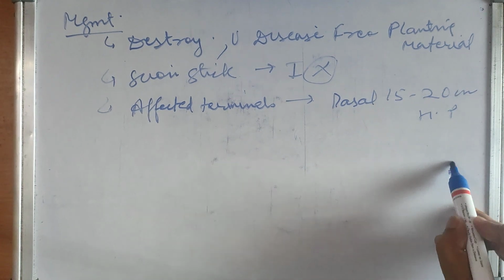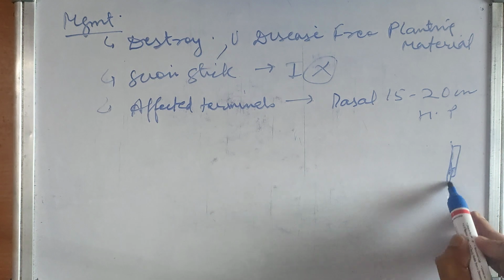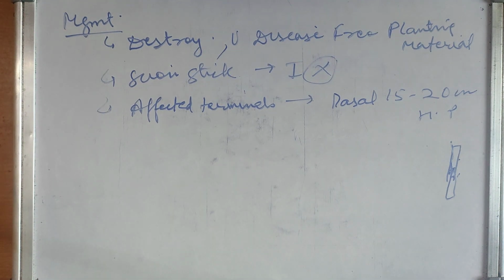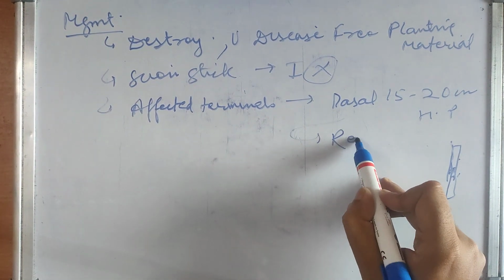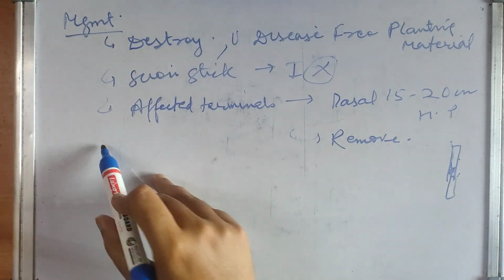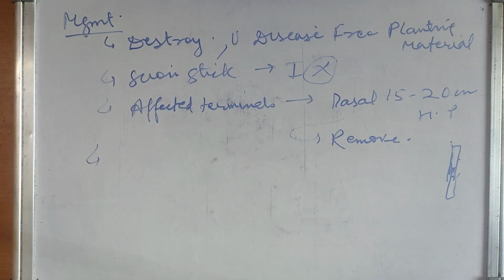Suppose this is an affected terminal, so we will also take 15 to 20 centimeter of healthy portion around it and remove it. Or you can simply say you can prune it.